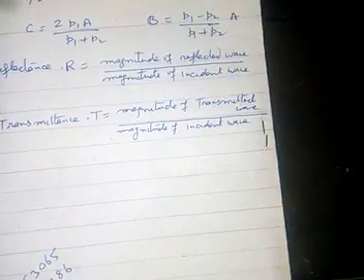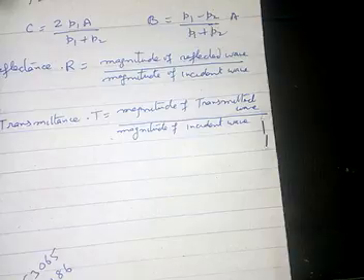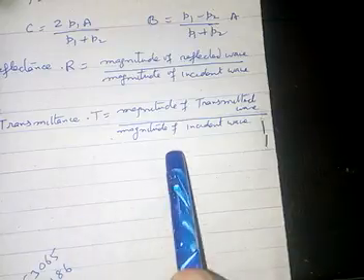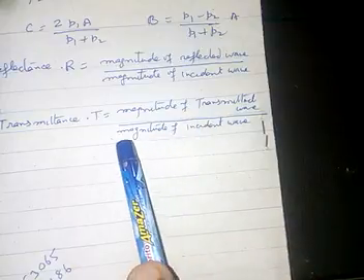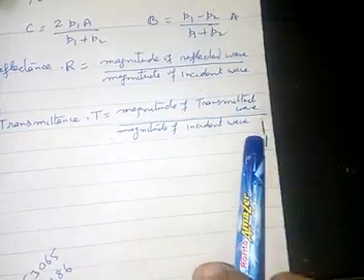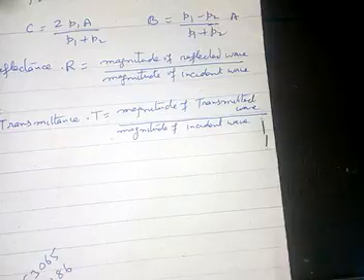And the transmittance, that is the fraction of electrons transmitted, is equal to the ratio of transmitted current to the incident current. So transmittance T is equal to the magnitude of the transmitted current upon the magnitude of the incident current. Thank you.